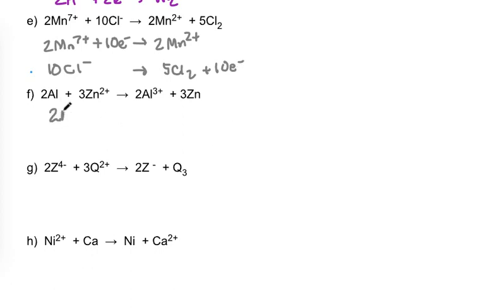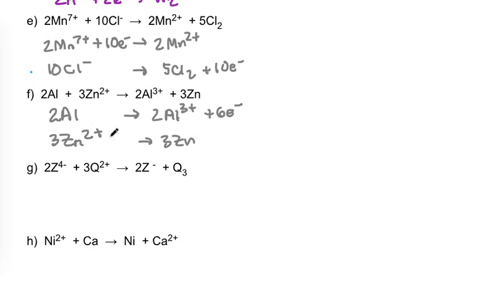Next one, 2 aluminum to 2 aluminum 3+. Let's mix it up and do these one at a time. 0 charge, plus 6 charge. Need 6 electrons there. And for the zinc, what are our charges? Plus 6 on the left, 0 on the right.